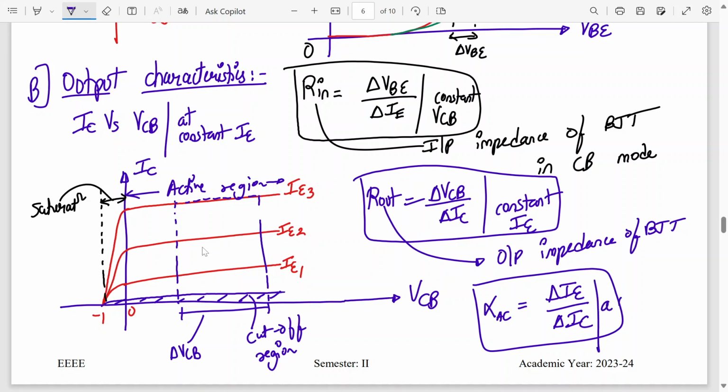This is measured at a constant VCB value. So that's all about the output characteristics of common base configuration. You can determine the different regions of operation: cutoff, saturation, and the active region.